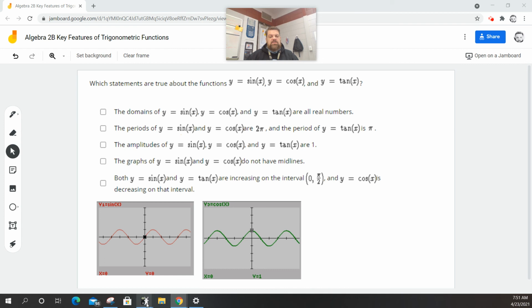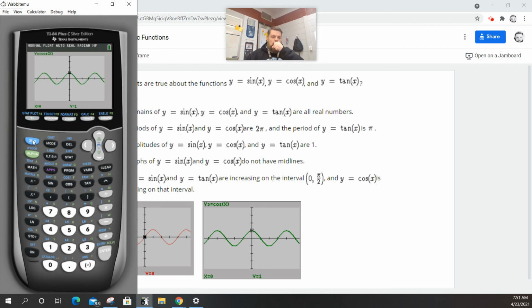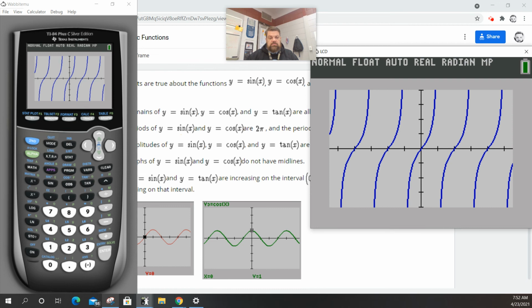And then lastly, we just want to do tangent. So I'm going to go to this equal sign and turn that off. And now let me do a color that you can kind of see. Let's do blue. I haven't done blue yet. Tangent of x. Graph that. All right, whoops, let's look at the big screen of it.